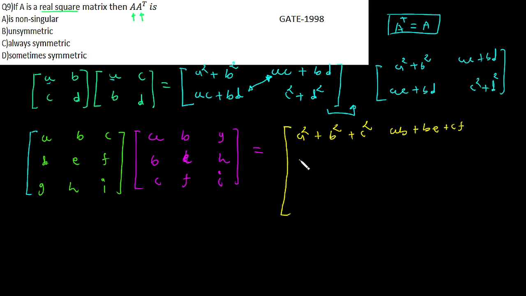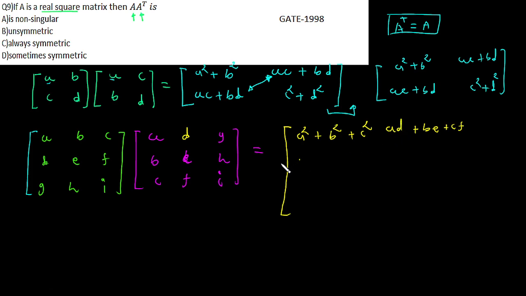So we are getting here again, sorry, here it is D, not B. So let's correct it. Here we have D, here we have D. So here also we have D. So let's erase it. We have here A times D.